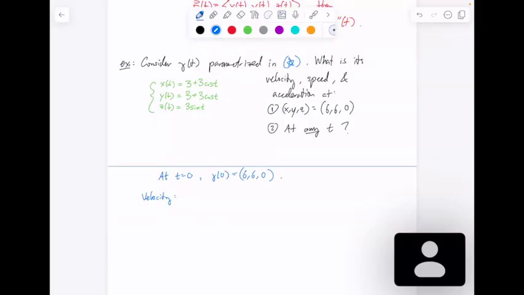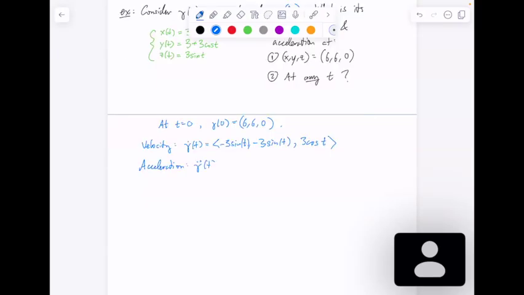The velocity is given to you by differentiating each of these in t once. So you get minus 3 sine t, minus 3 cos t, or minus 3 sine t again, and 3 cos t. For the acceleration, we want to differentiate each of these again. I should have switched 1 and 2. I'm sorry, guys.